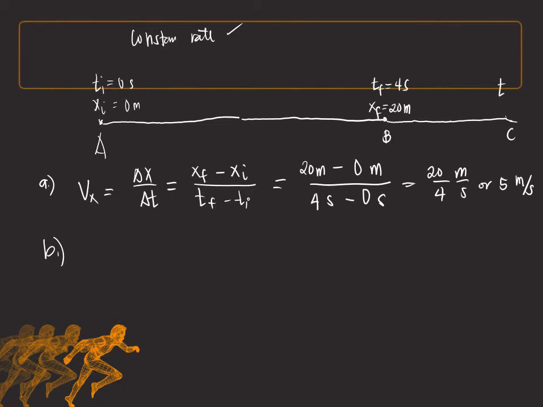So that means 10 seconds after this point B. So we got 14 seconds here. The question is, how far will the runner or the experimental subject be?